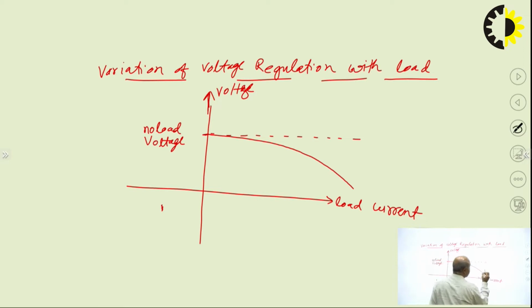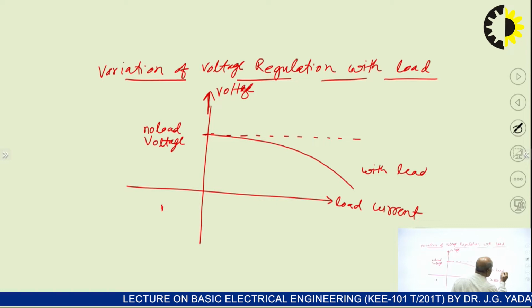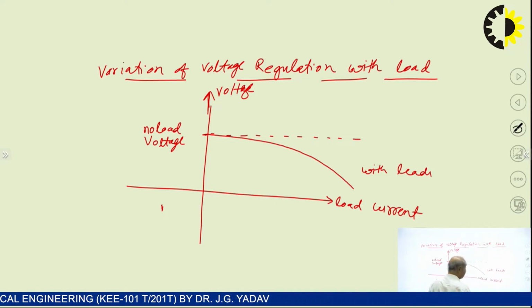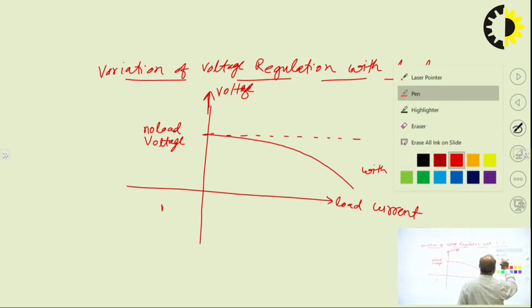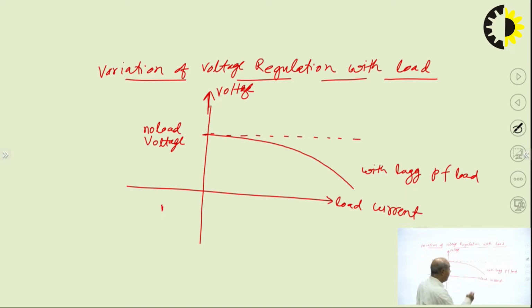This is with a lagging power factor load. And in case of a lagging power factor load, E2 is greater than V2. This is the no load voltage, no load voltage means E2, right?